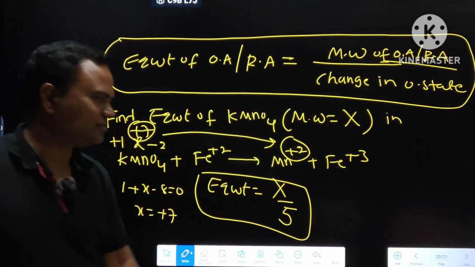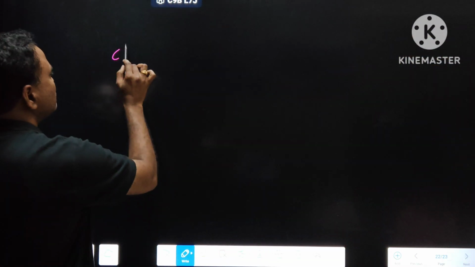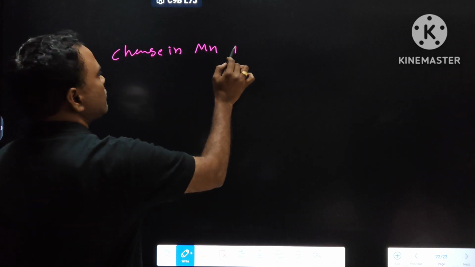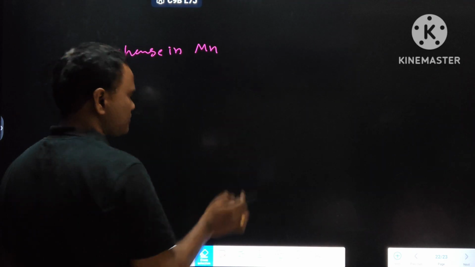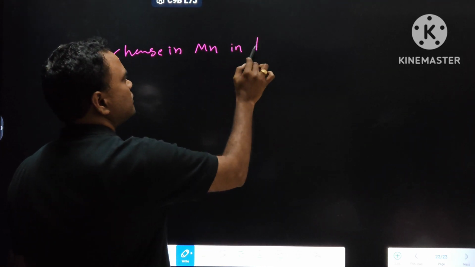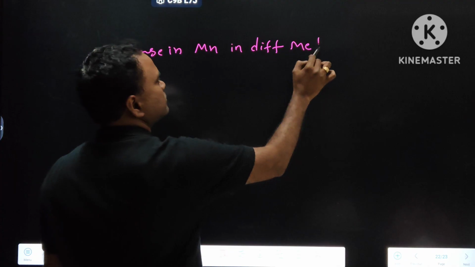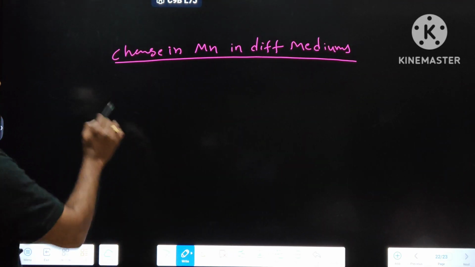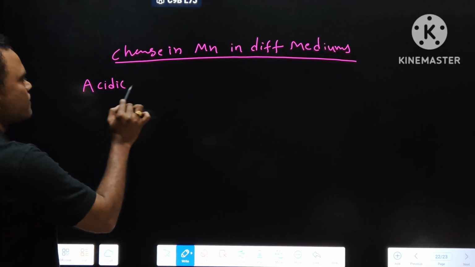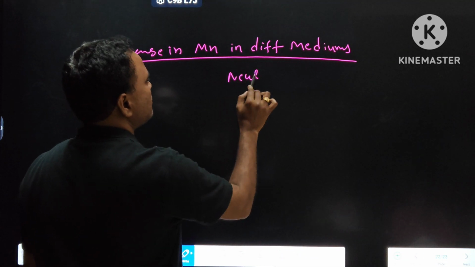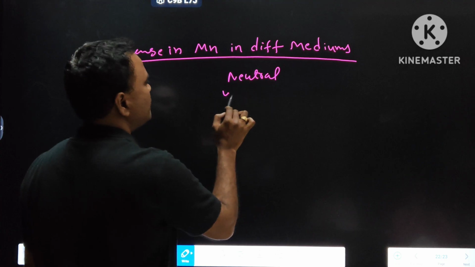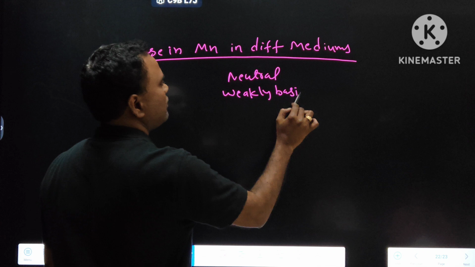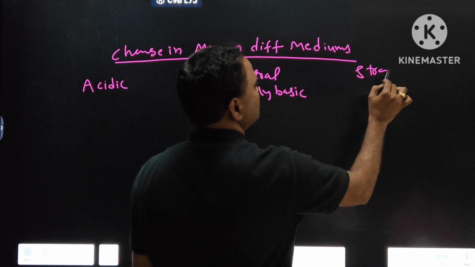One question for you. Change in manganese oxidation state in different mediums. Acidic medium; neutral, also called weakly basic medium or alkaline medium; and strongly basic medium or alkaline medium.